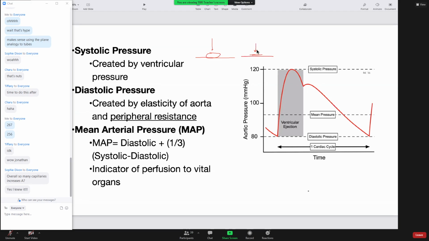Once we've flattened the artery, we can start to decrease the pressure in the BP cuff. We're going to slowly decrease it. Eventually, the pressure generated by your heart can press up on the vessel and open it up slightly.